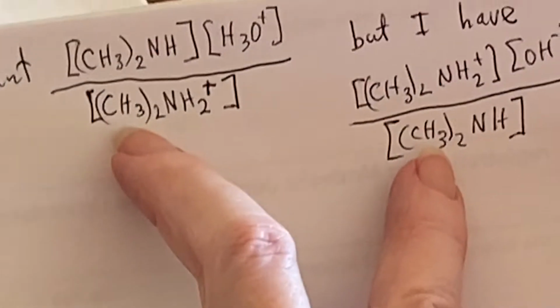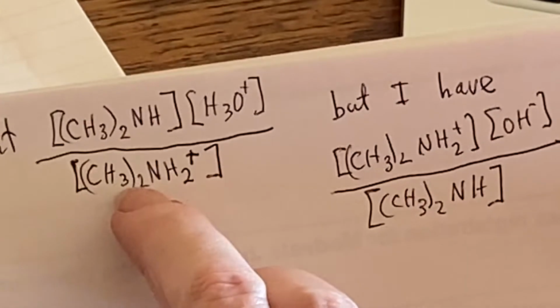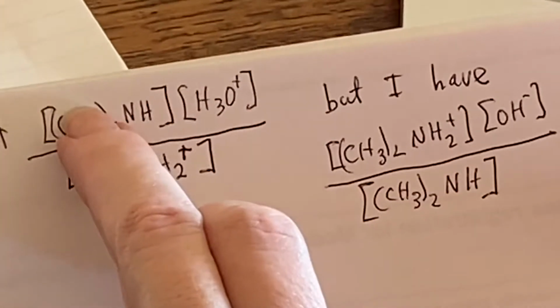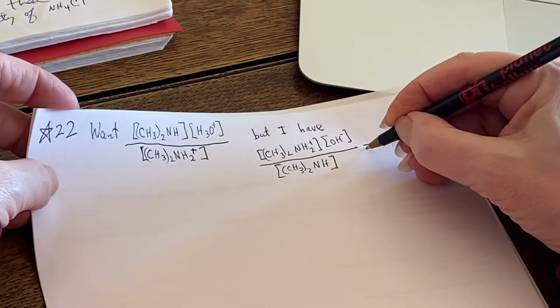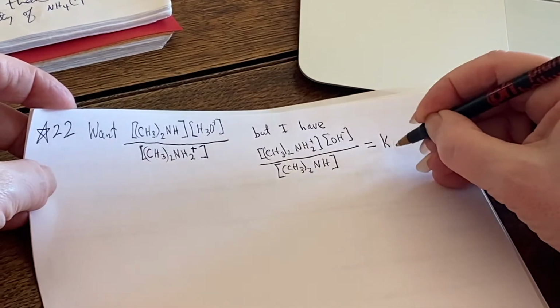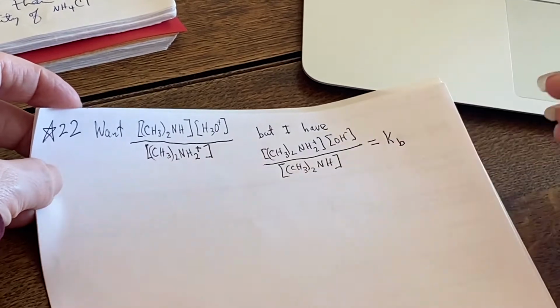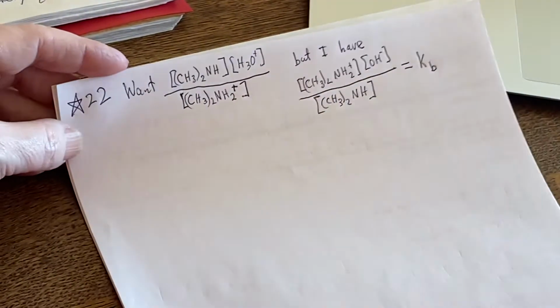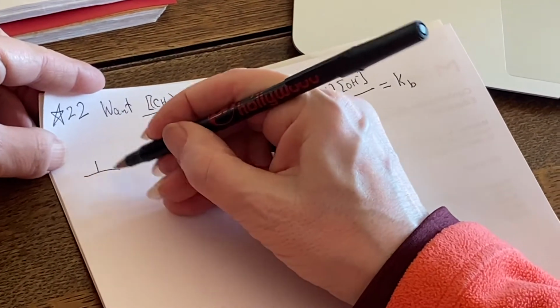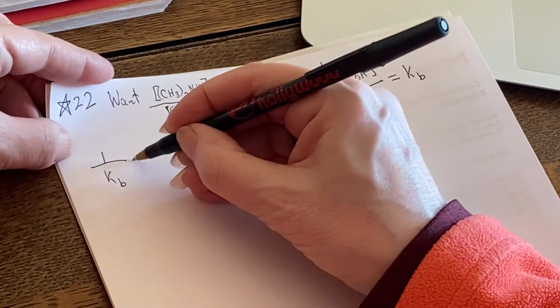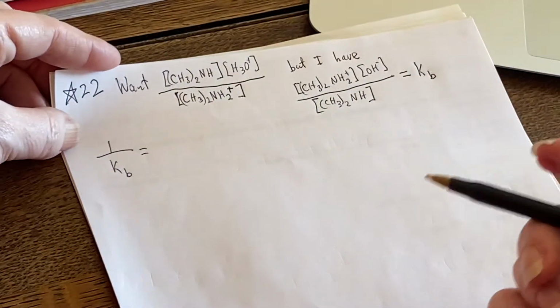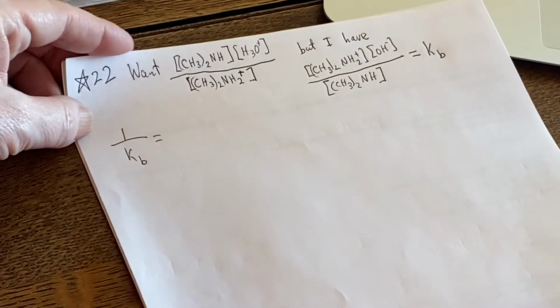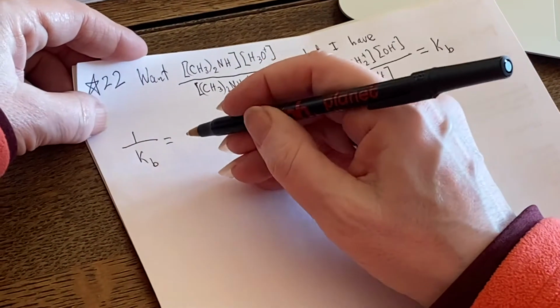Now, if you look at that, you can see this is on the bottom, that's on the top. This is on top, here it is on the bottom. I want this one. If I flip it over, 1 over Kb, then these will be correct. They'll be in the order that I wanted, right? So that's fine.